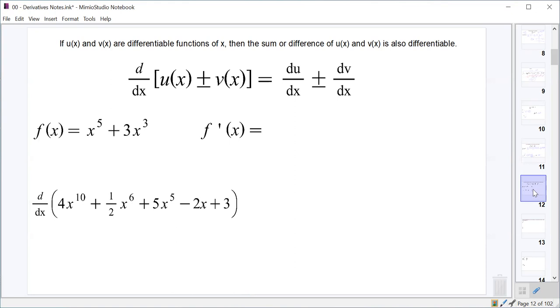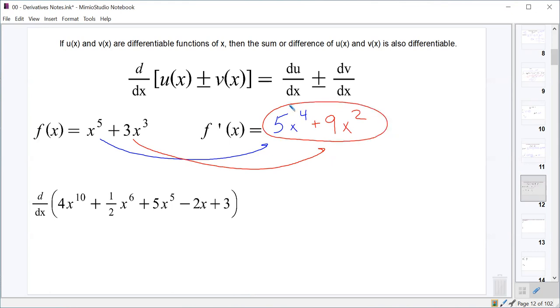So the same works with derivatives. The derivative of x to the 5th should just be 5x to the 4th. And then the derivative of 3x cubed ought to just be 9x squared. And there's our derivative.